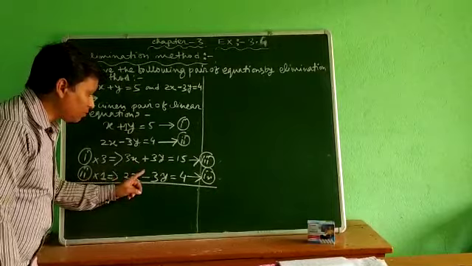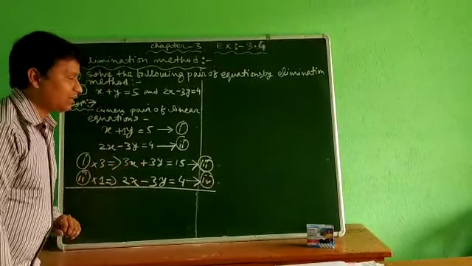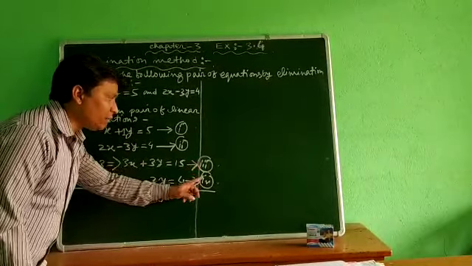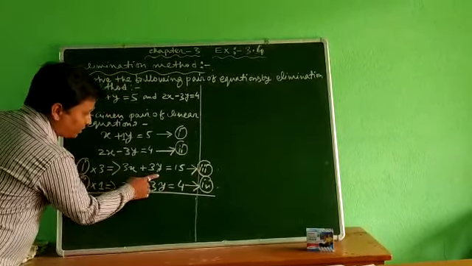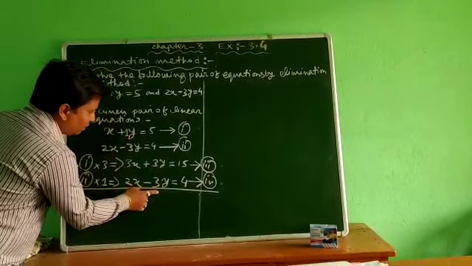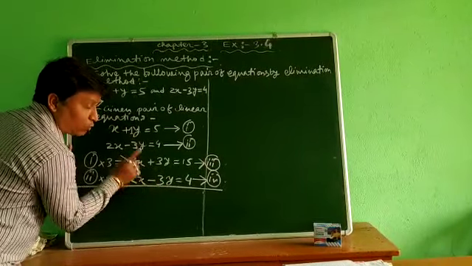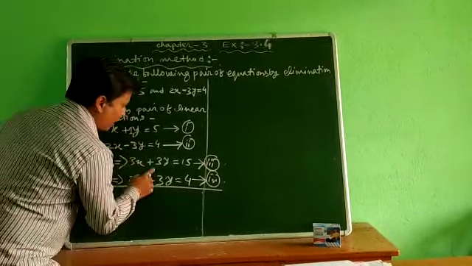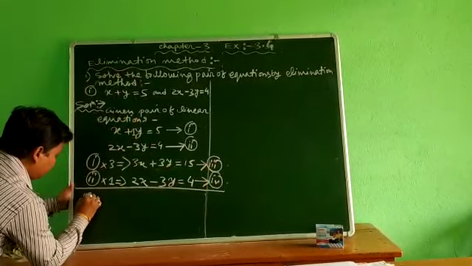If the signs of the terms are the same, either minus minus or plus plus, then we have to subtract 3 minus 4. Now our target is y terms. Here there is a plus sign and a minus sign, both opposite to each other. That's why we have to add 3 plus 4.